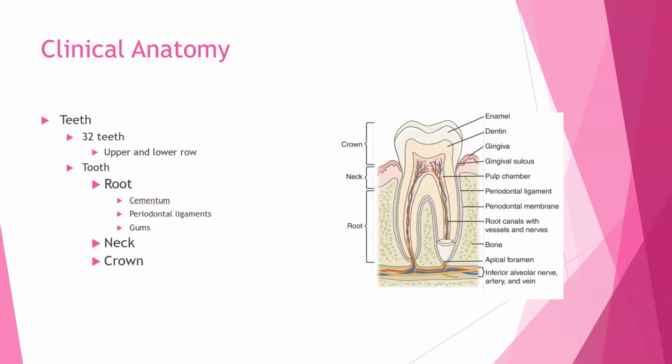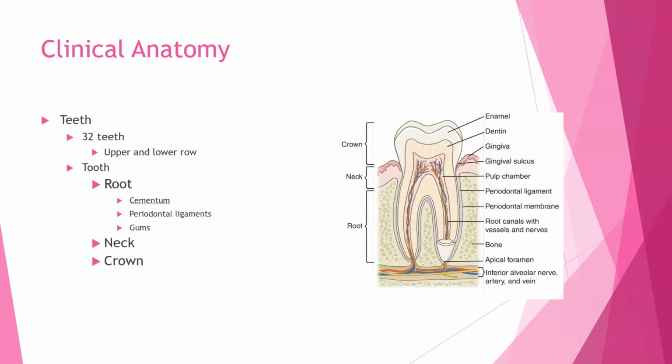You've probably heard of root canals, and that's usually when there's so much damage done to the enamel and possibly the dentin that they'll go in and do a root canal and kind of kill those nerves. So you've got the root, the neck, and at the neck is where you've got the gingival sulcus, and when that's inflamed and irritated, it is called gingivitis.